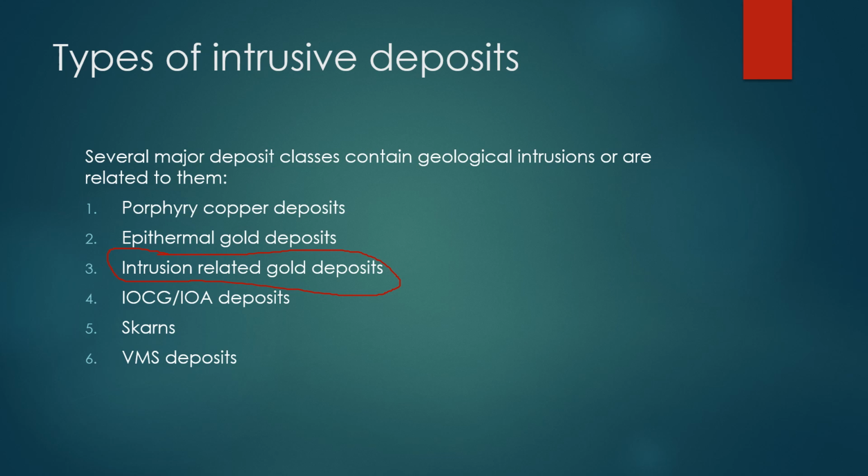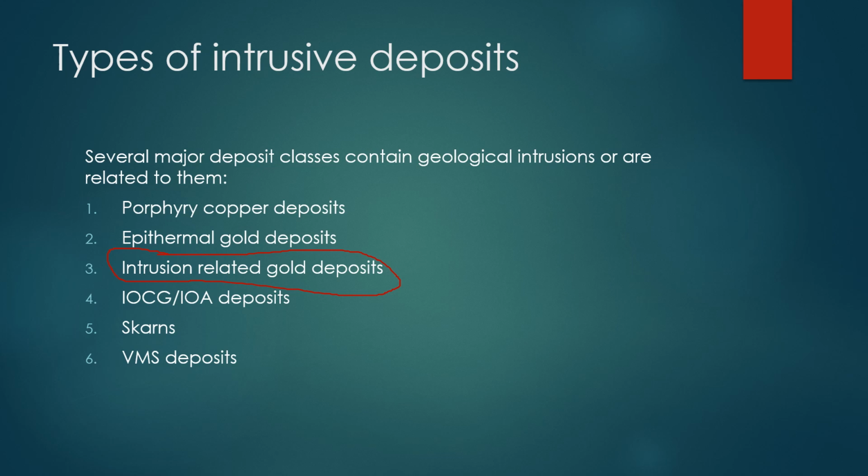But these other deposit models are in some way related to geological intrusions, be it that the ore body is very close to the intrusion itself, or the ore body has formed through hydrothermal fluids that have been derived off of the intrusion. For example, in the VMS system at the bottom, if you've ever seen those black smoker chimneys on Attenborough programs, that's kind of what forms VMS, volcanic massive sulfide deposits.